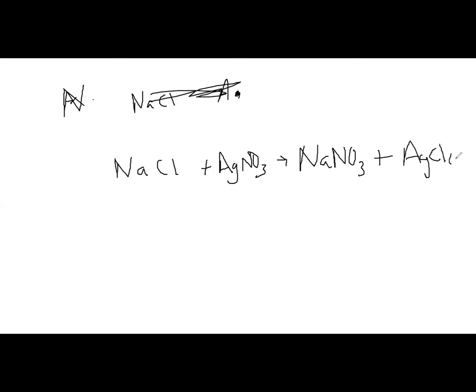And again, some people may ask, is it also a redox reaction? Which is a good question. When we look at the charges, sodium on this side is +1, chloride is -1, the silver is +1, the nitrate is -1.